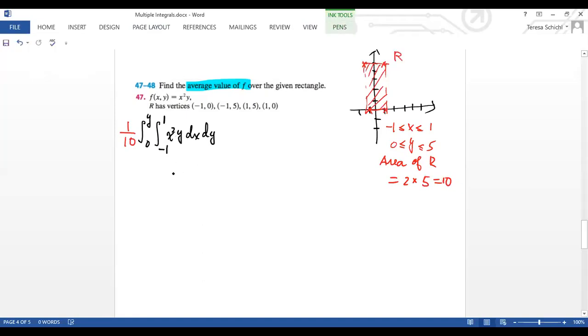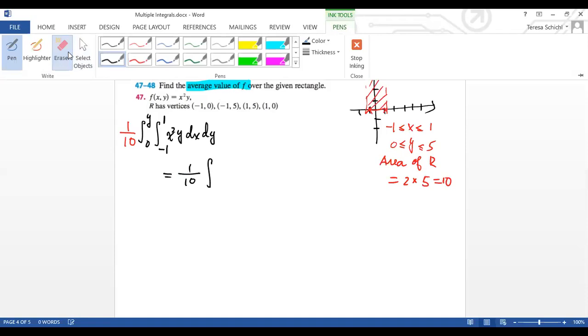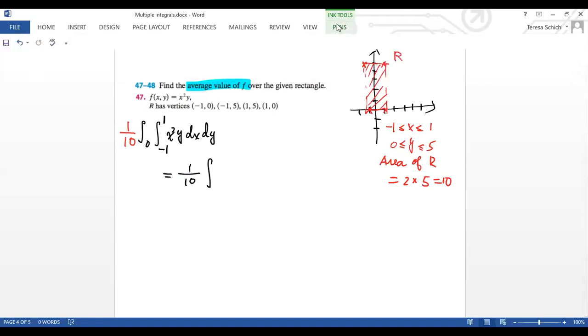Now this becomes very straightforward. Here, I don't know why I wrote a y here; y is 0 to 5. So it's just integrations. This will be one third x cubed y from negative 1 to 1, dy.